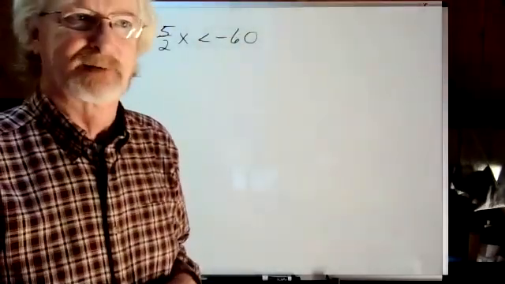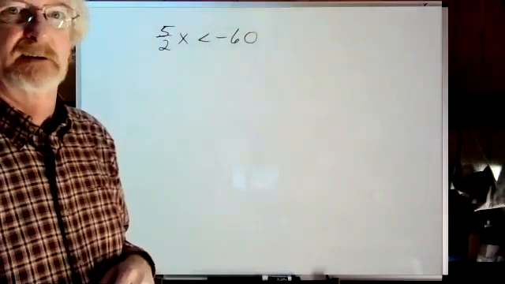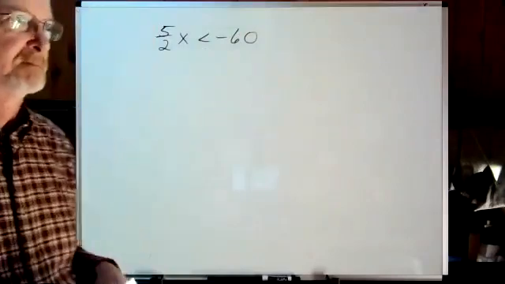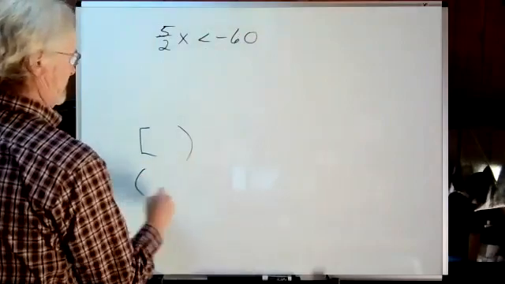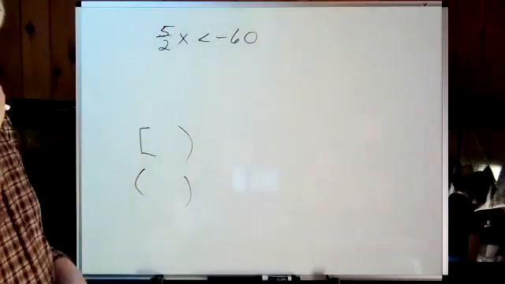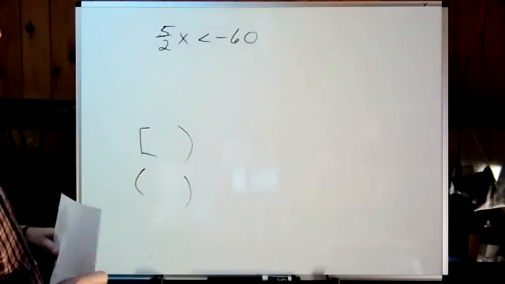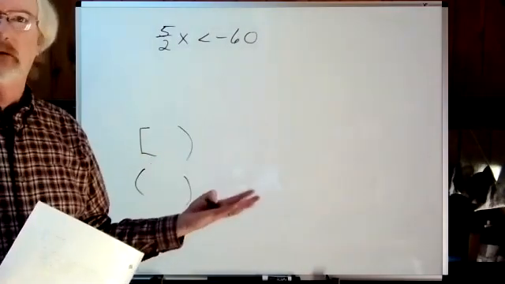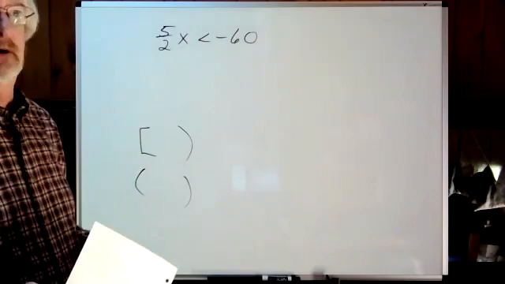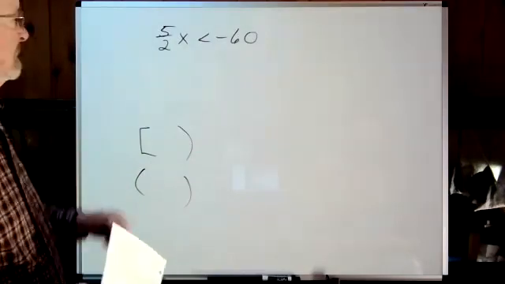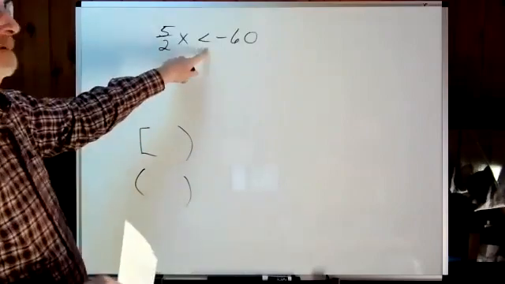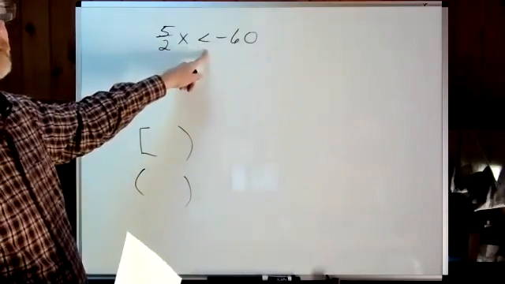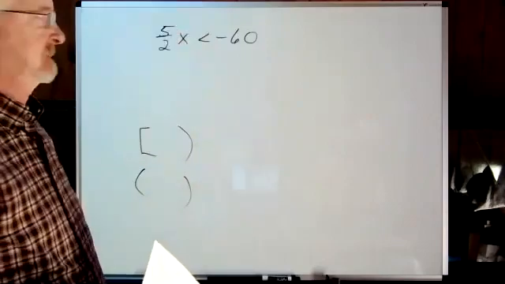You'll be asked probably to present your answer in interval notation. So, what was the one thing that's different than solving equations as normal? If you ever multiply or divide by a negative, then the direction of the relationship reverses.